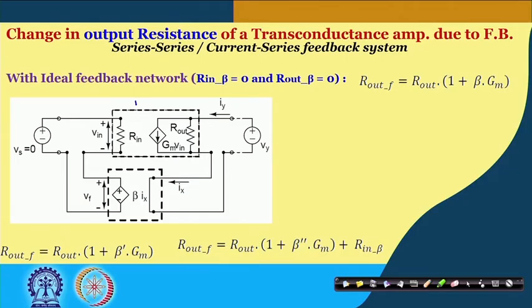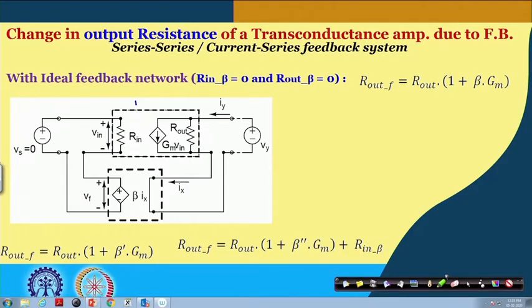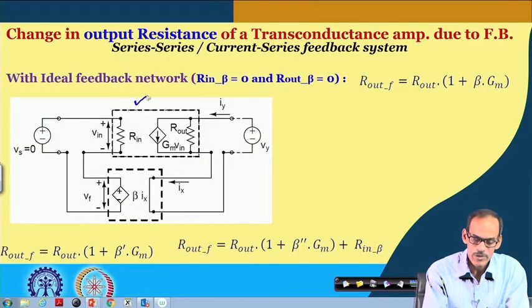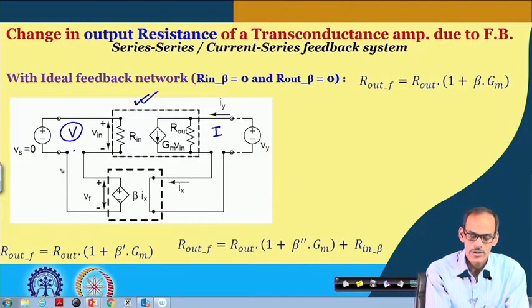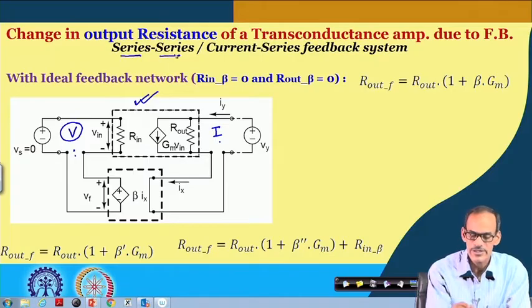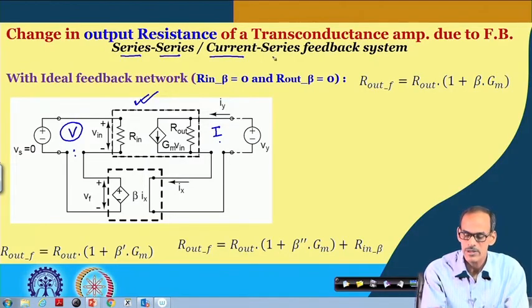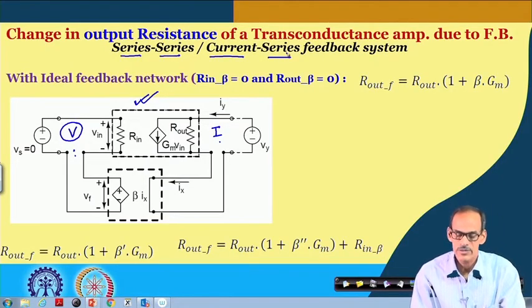We do have the transconductance amplifier here, and the forward amplifier, you can see here, the signal is current and the signal here is voltage. So, the mixing here is series, and sampling here is also series. So, this is a series connection, or current sampling series mixing feedback network.